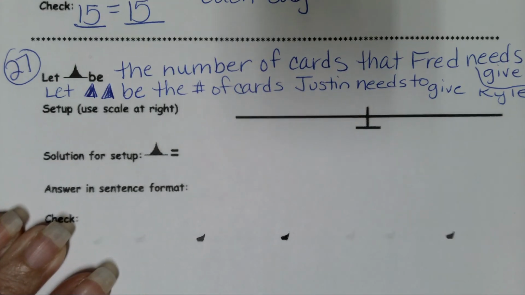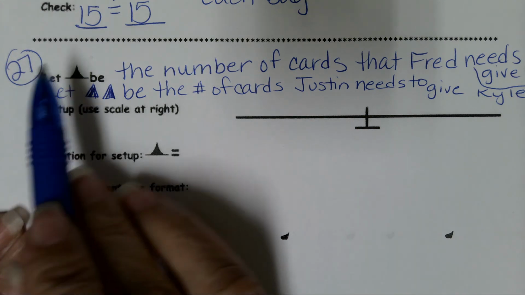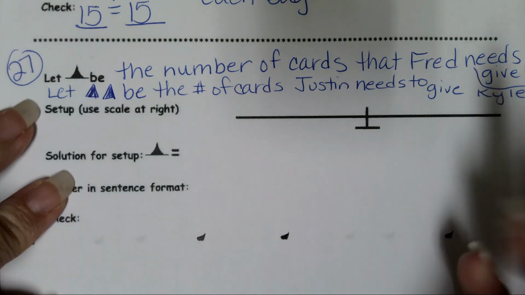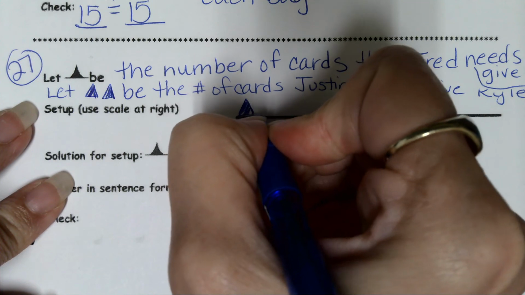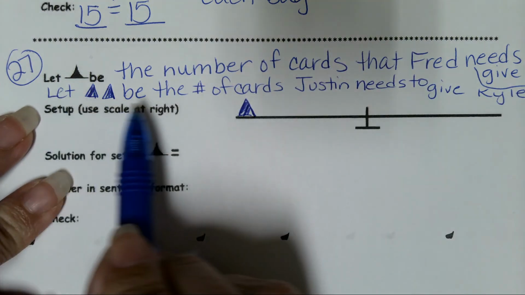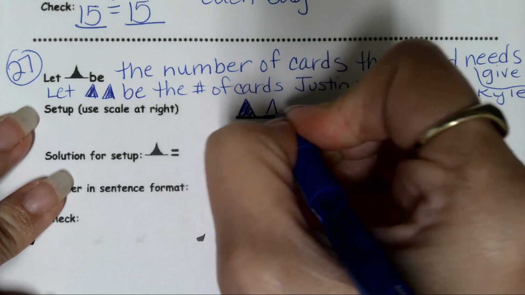Okay, since Kyle already has 5 cards, Justin and Fred together need to give Kyle 30 cards. So the number of cards that Fred needs to give Kyle is 1 pawn. And the number of cards that Justin needs to give Kyle is twice that amount.